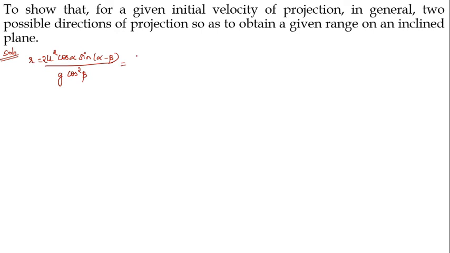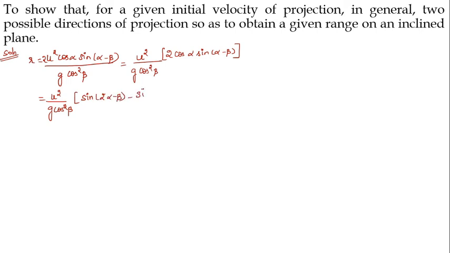So as in the previous problem, we know it is u square by g cos square beta, and it will be 2 cos alpha sine alpha minus beta, which is equal to u square by g cos square beta into sine of 2 alpha minus beta minus sine beta, the clear explanation given in the previous proof, right?